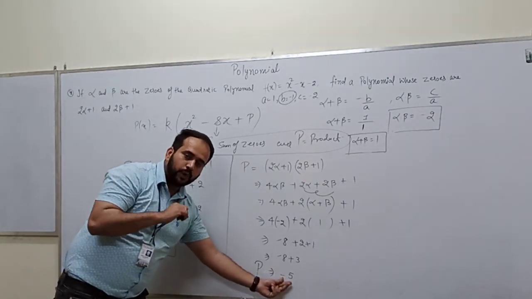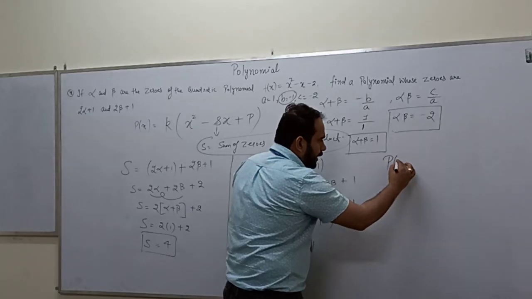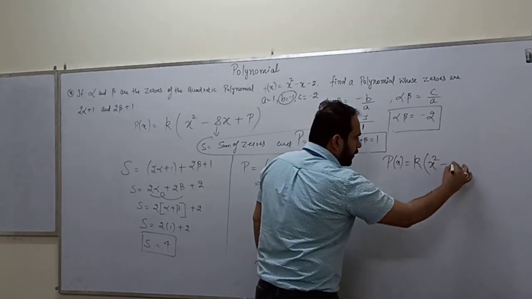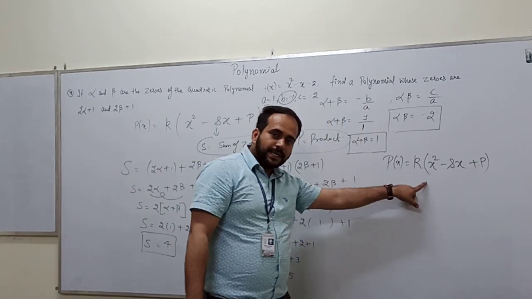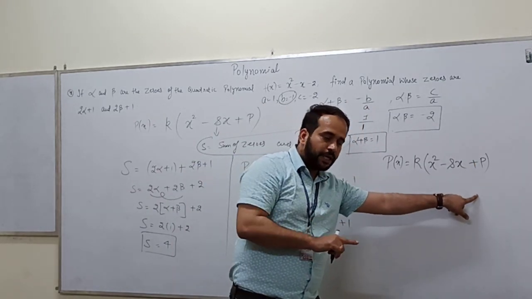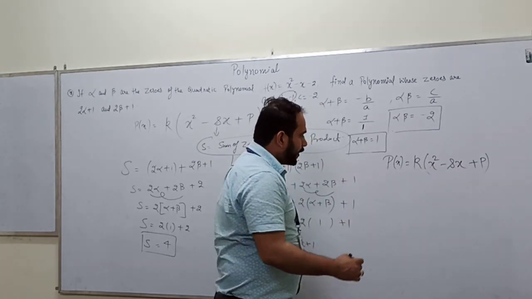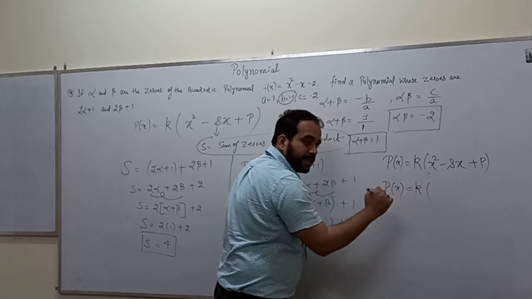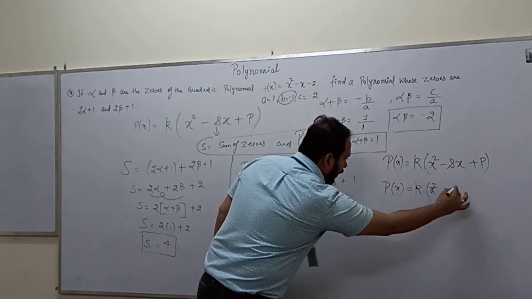I have told you a trick. The trick says that we can find the polynomial simply by k into x square minus sx plus p. I have found s as well as p. We are going to put the values of s and p over here. We are done with our question. P of x will be k, where k is any constant. k into x square minus s.